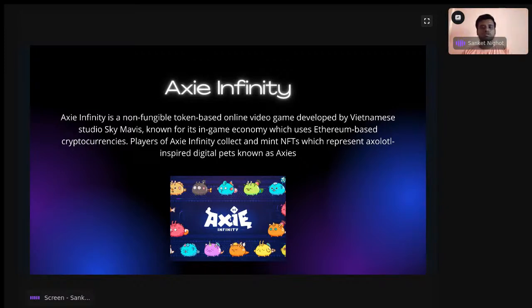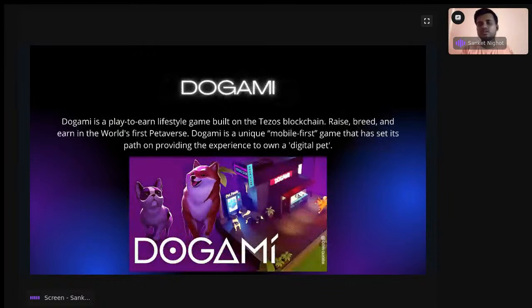The next project we're talking about is Dogami. Dogami is a play-to-earn lifestyle game. It's similar to Axie Infinity, but technology-wise, it's on a higher level, I think. And it's built on the Tezos blockchain. You can raise, breed, and earn in the world's first petaverse. They're building a petaverse. It's a unique mobile-first game that has a path on providing the experience of digital pets. I will tell you in short what they're providing.